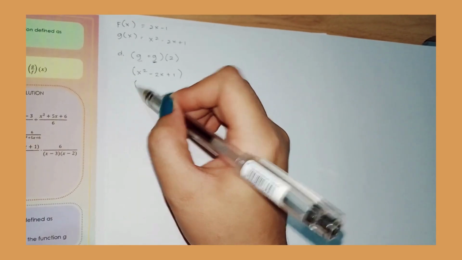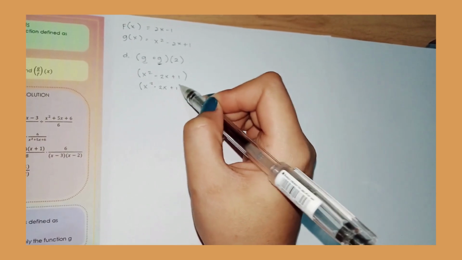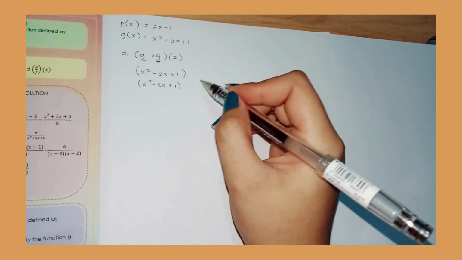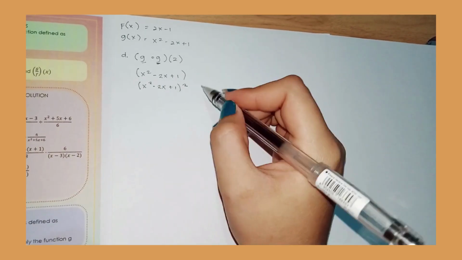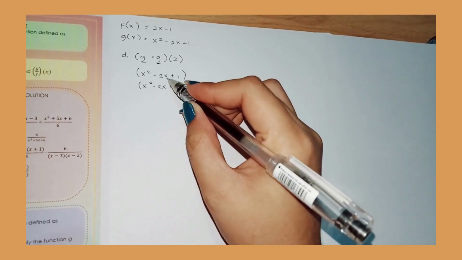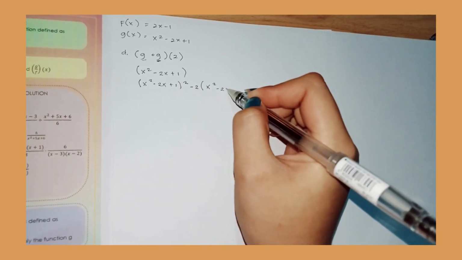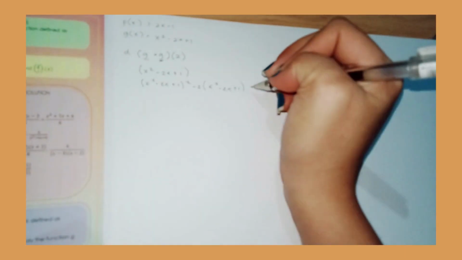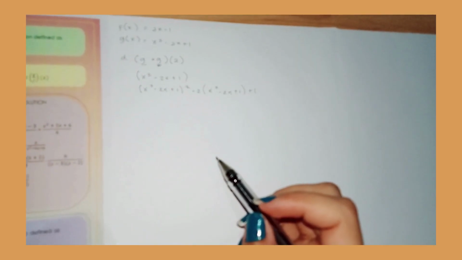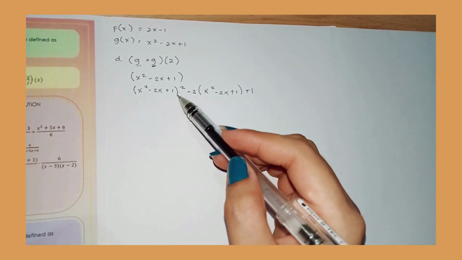Yung x na nauna, gagawin kong x squared negative 2x plus 1. Then, copy squared. And then, copy negative 2. Yung x, papalitan ko ulit ng x squared negative 2x plus 1. Then, copy positive 1. Lahat ng x, pinalitan ko lang sila ng x squared minus 2x plus 1.